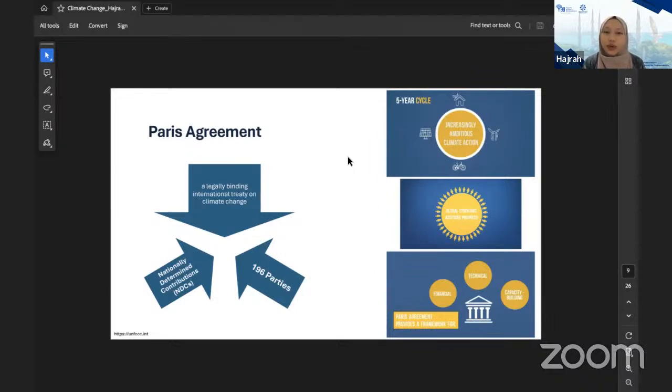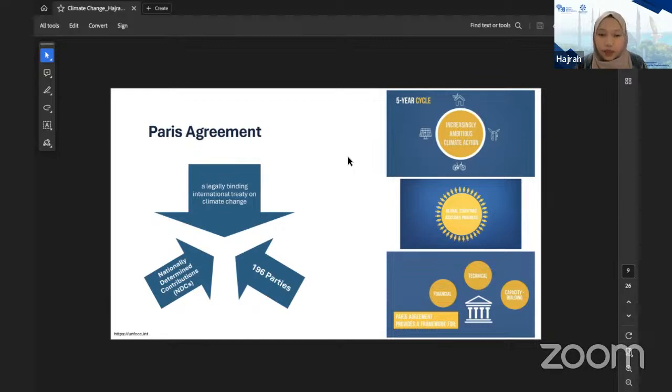This Paris Agreement will be renewed every 5 years, because the cycle is only 5 years, and hopefully by this 2024 we can really achieve what is already the goal from this Paris Agreement.